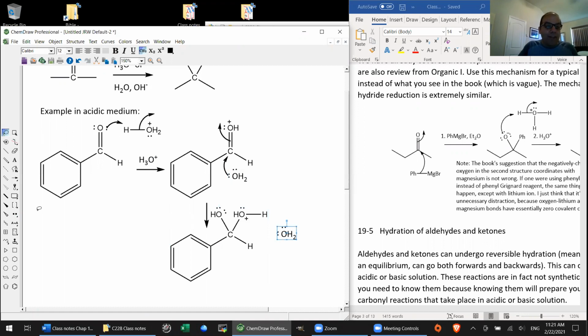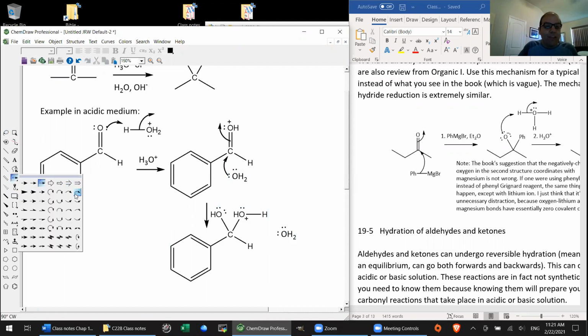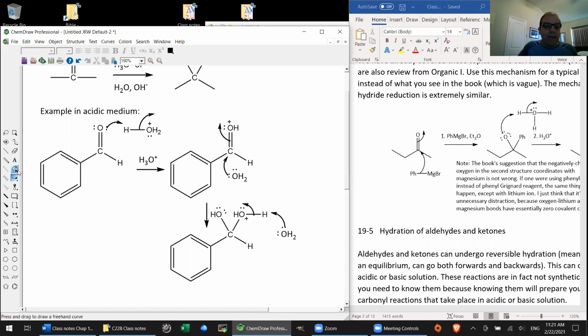Not OH minus. We need to be careful to use only species that make sense. We're in an acidic medium and there is no OH minus around, at least not in any reasonable concentration. You might have one OH minus around for several quintillion or even more H3O plus ions. Any OH minus that's present in an acidic medium is in such vanishingly small amounts that it makes no sense to invoke it.